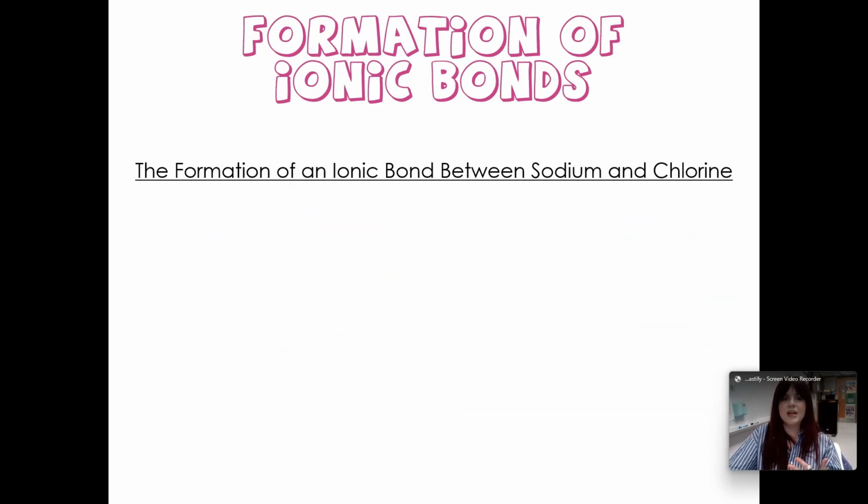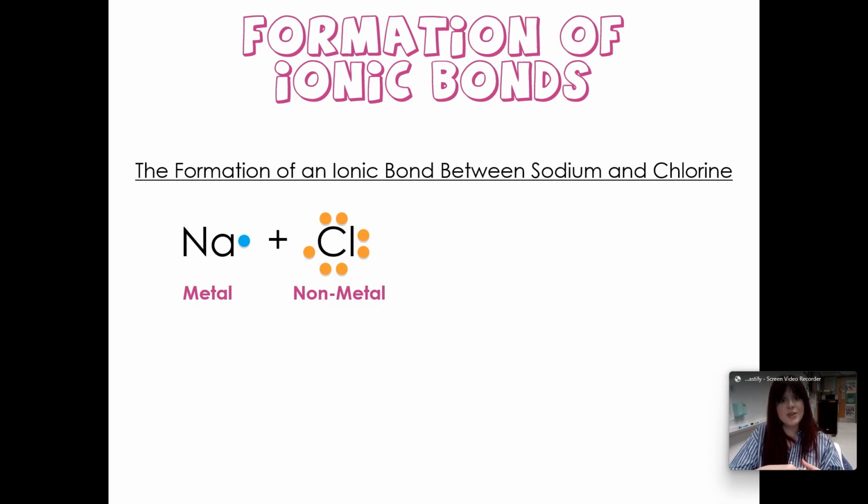So let's take a look here. Let's show that formation of that ionic bond between sodium and chlorine. So here's sodium with its one valence electron. Sodium is a metal. We also have chlorine with its 7 valence electrons, which is a nonmetal. And ionic bonds tend to happen between metals and nonmetals.